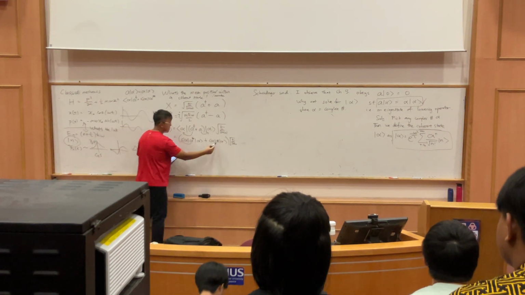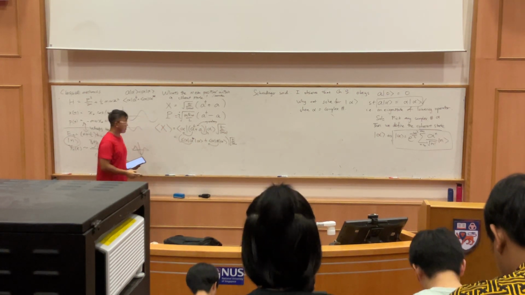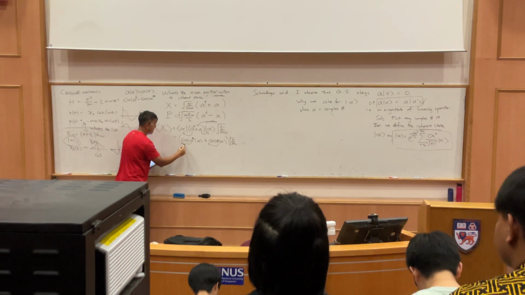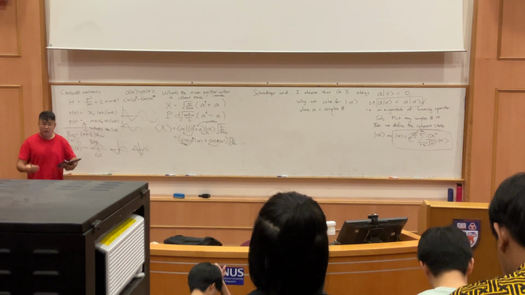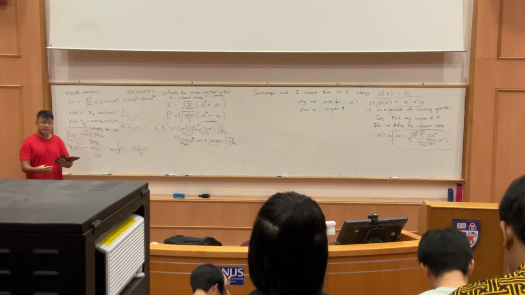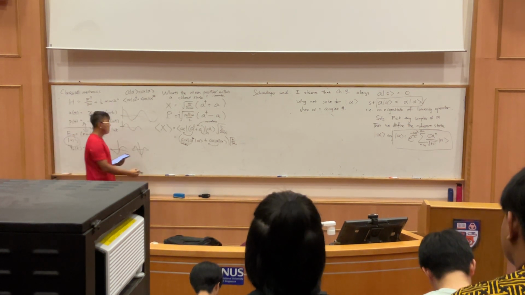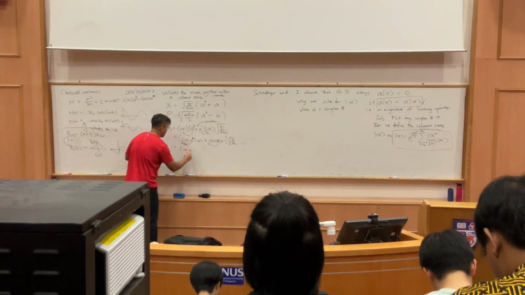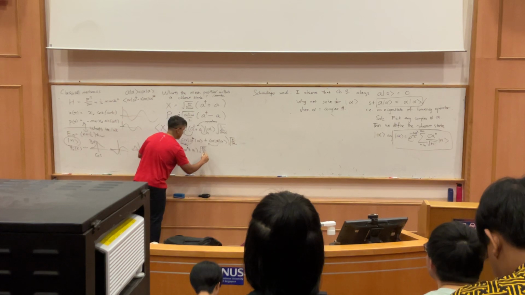Don't forget, these are operators, but since I used the eigenvalue equation, these are numbers. So numbers can be pulled out, and all I have left is to evaluate the overlap of the state with itself, which is 1. So therefore we get (alpha plus alpha star) times square root of h bar over 2m omega.